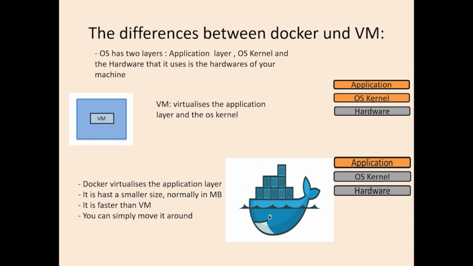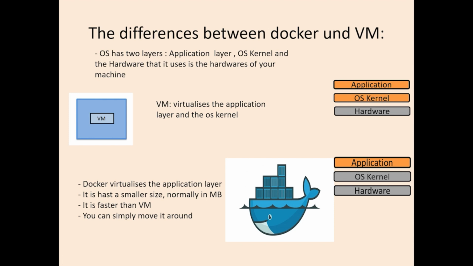The OS kernel is the bridge between the application layer and the hardware layer. So this is the concept of an operating system. It has two layers, application layer and OS kernel layer, and it uses the hardware layer of our laptop.